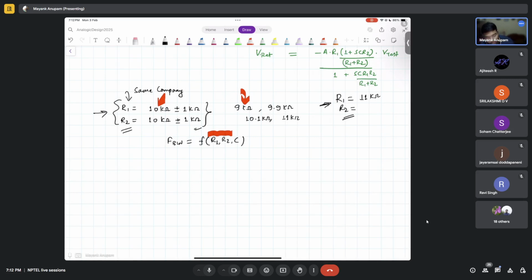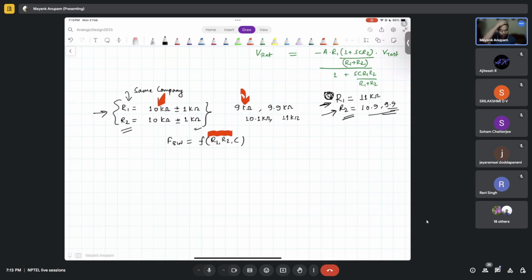It's completely uncorrelated, independent. It can be 10.9, it can be 11.2, or 9.9, anything. Even after looking at R1, you cannot say anything about it, which means that the variation among them is uncorrelated.